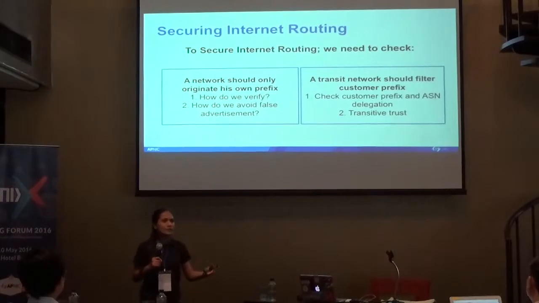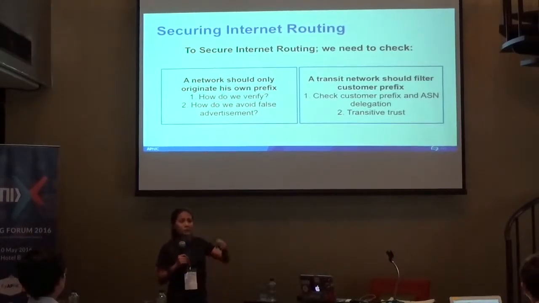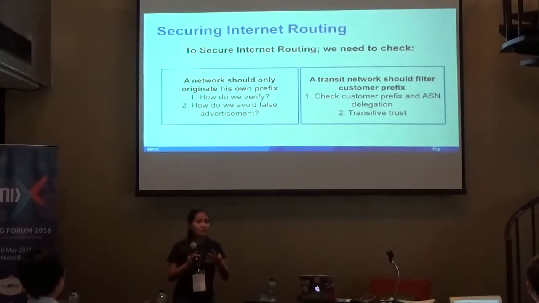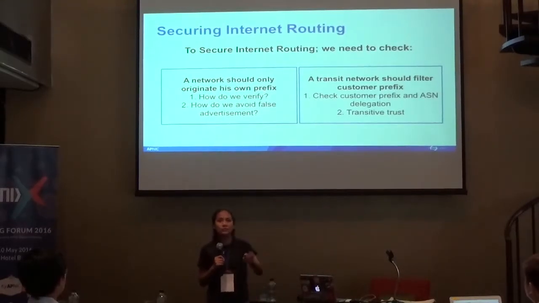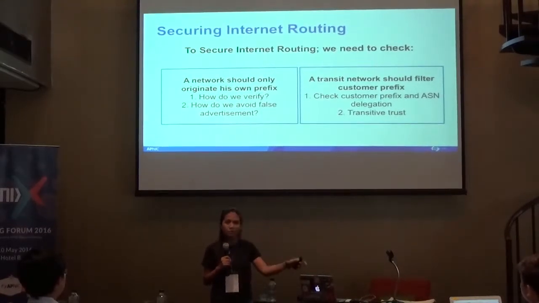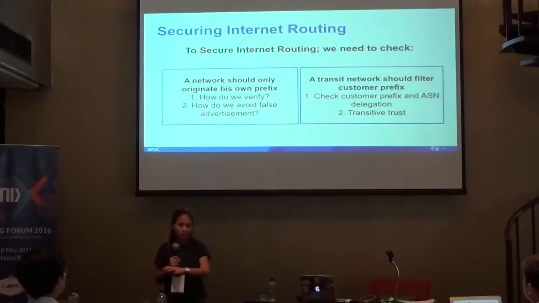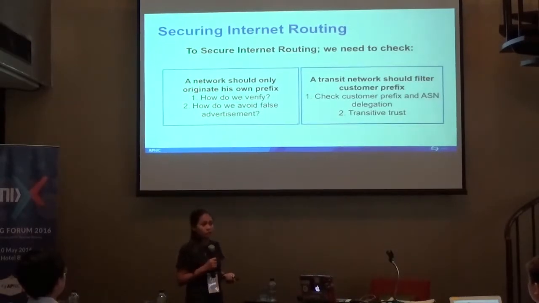There are a few incidents that have happened over the past couple of years where the transit provider, maybe out of just neglect, just opened it up. No filters whatsoever. So if there is a misorigination on the customer side, it is then propagated everywhere, from that transit provider to its upstreams and everywhere, affecting how traffic flows.